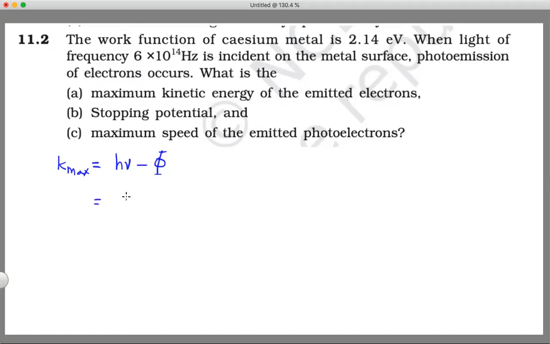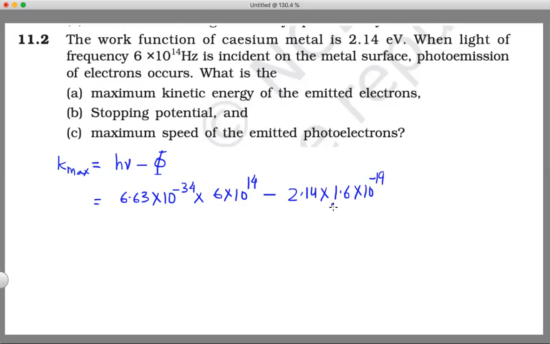So h is 6.63 into 10 raised to the power minus 34 into frequency in hertz, minus the work function. Work function is 2.14 into 1.6 into 10 raised to the power minus 19.